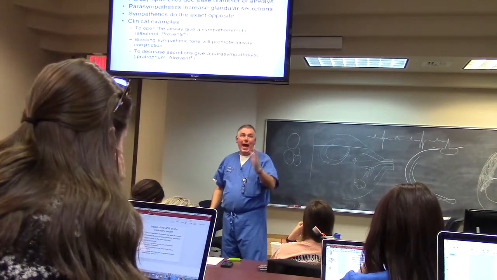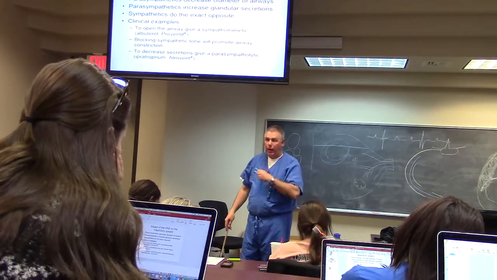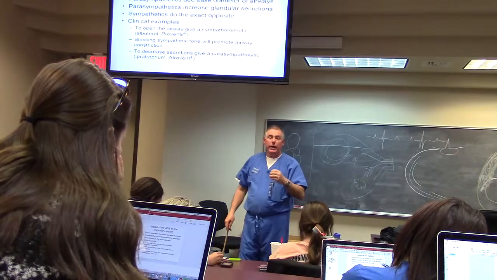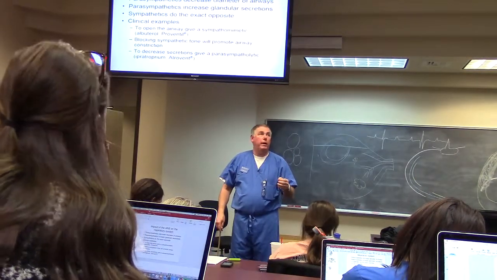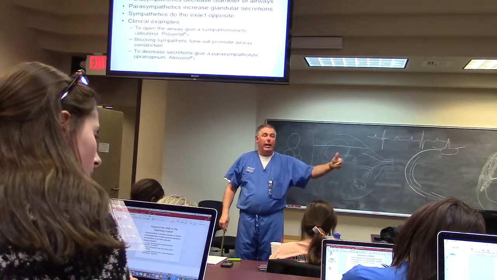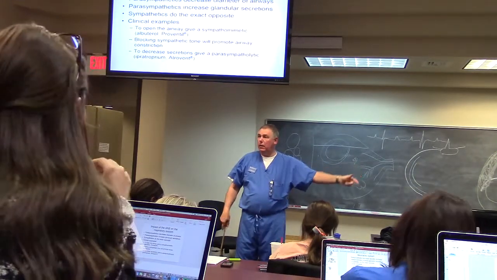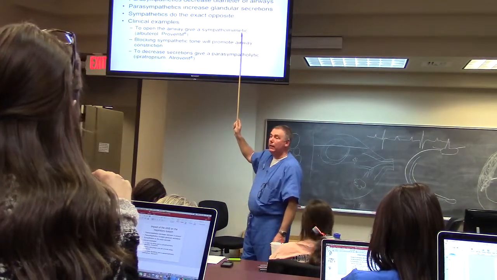So in treating asthma, which is a decrease of your airway diameter plus increased secretions, what we want to do is we want to stimulate the sympathetics. We want to give them a sympathomimetic.